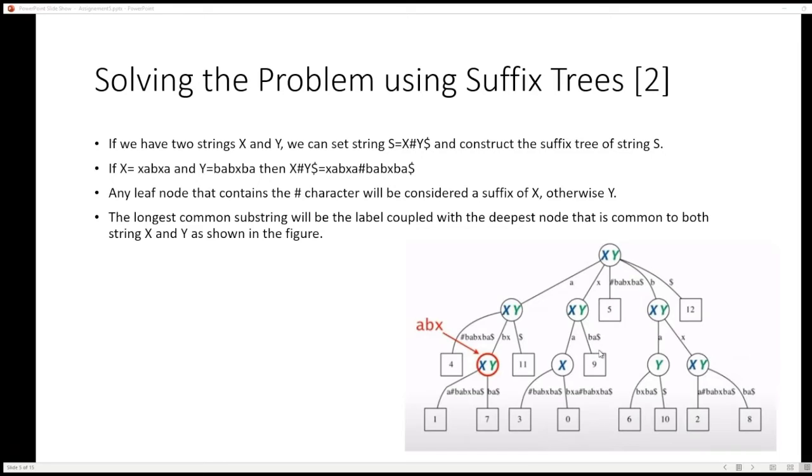In this case, the longest one can be seen as this one. It contains three characters, A, B, X. So ABX is the longest common substring. If we go back to verify, we can see clearly ABX here and ABX here is the longest common substring.